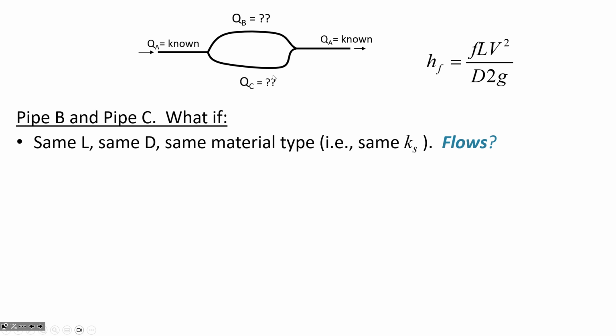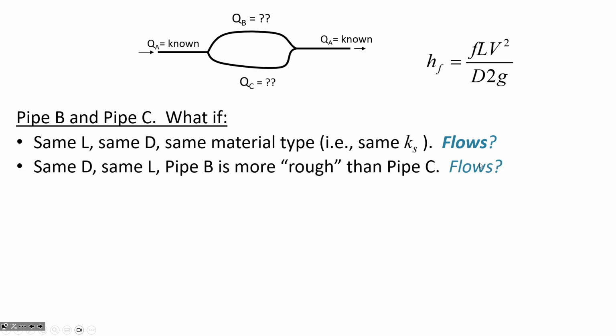So what would the flow distribution be if those two pipes were identical in every way? How much would go through one versus how much would go through the other? 50-50. There would be no reason for it to be anything other than 50-50. So the flow would be split equally if the pipes were the same.